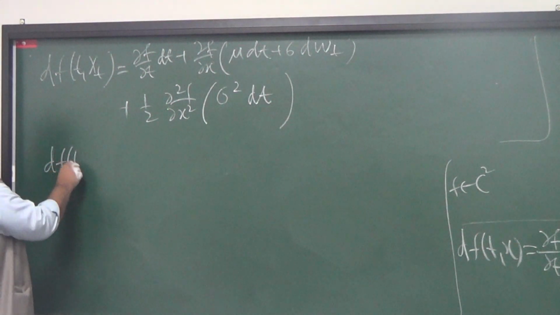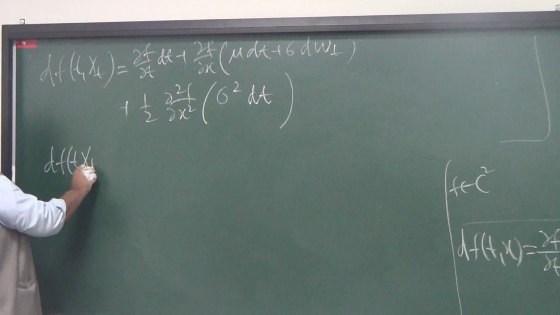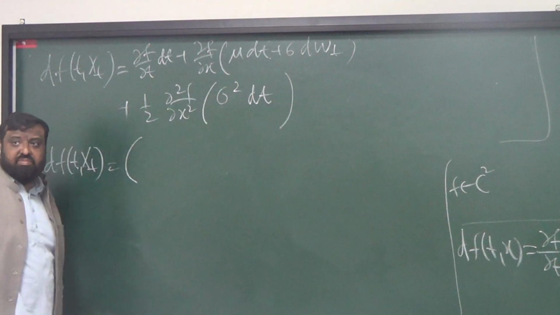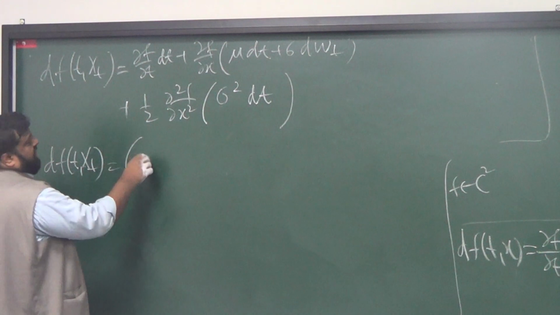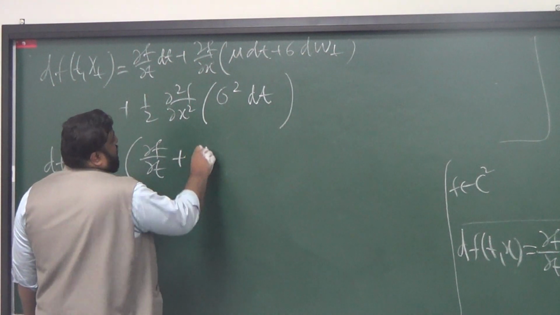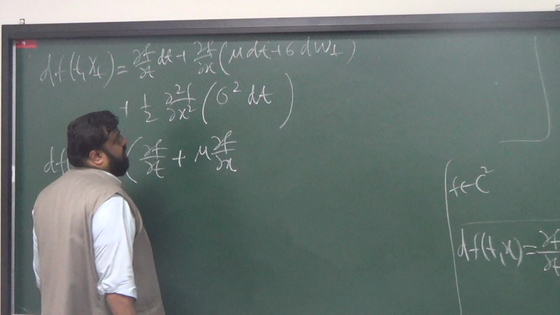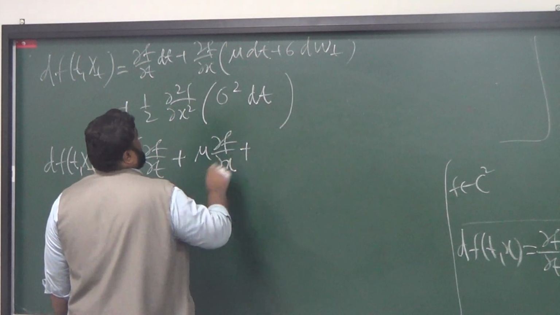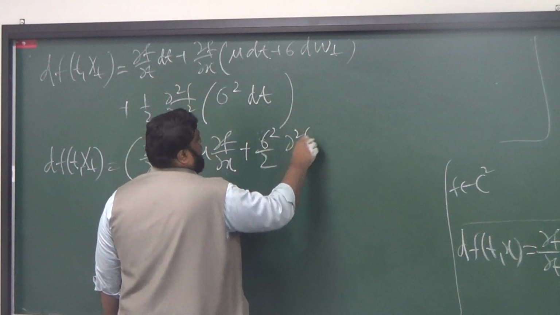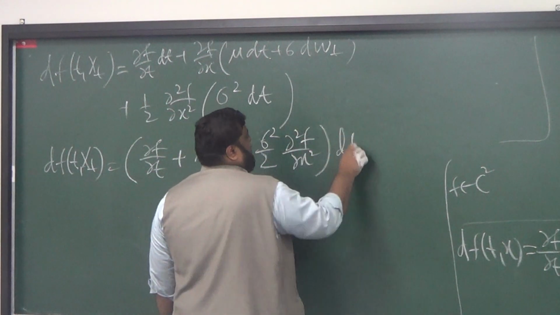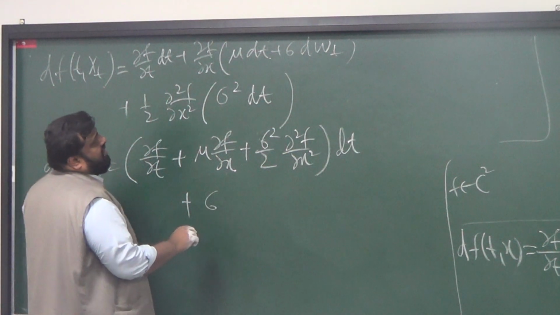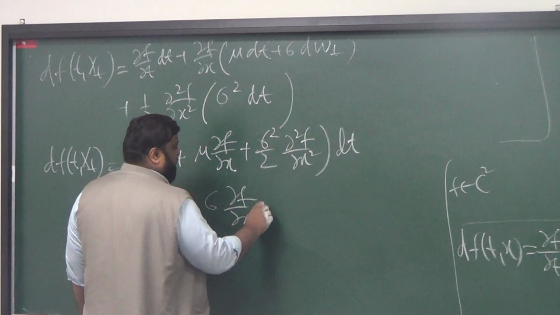If you combine all these terms, in other words, write this process dxt in its Ito form, you're going to have three terms: partial f by partial t plus mu partial f by partial x plus sigma square over 2 partial 2f by partial x2, all times dt, plus sigma partial f by partial x dw.